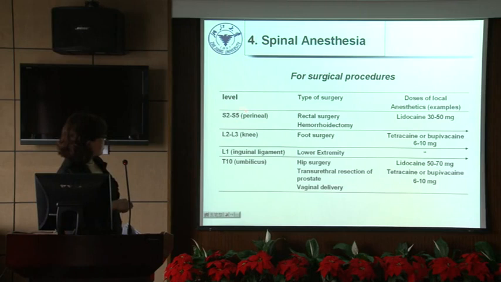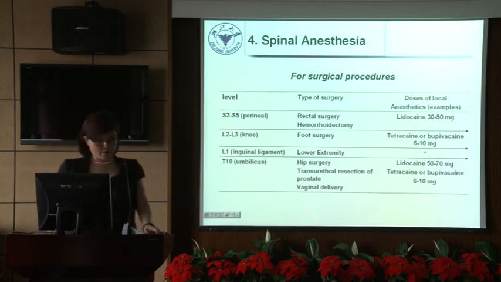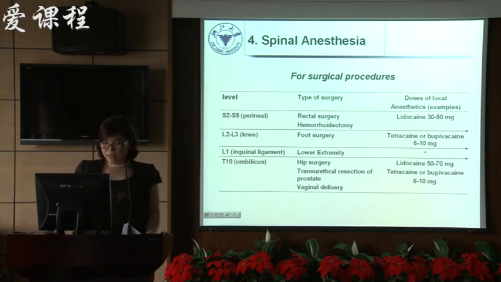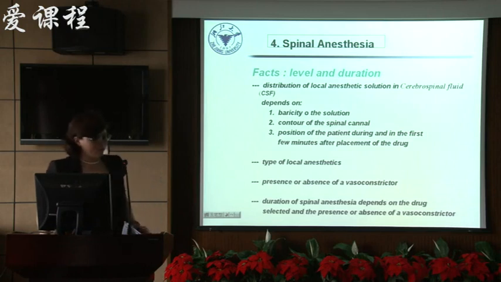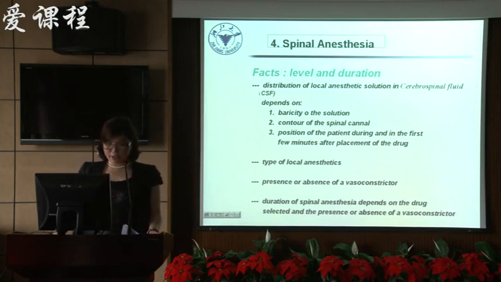Rectal surgery is usually sacral 2 to 5, right? And foot surgery usually lumbar 2 to 3, or knee sometimes. Lower extremities usually lumbar 1, for example. According to different surgery, we block different places of our body.